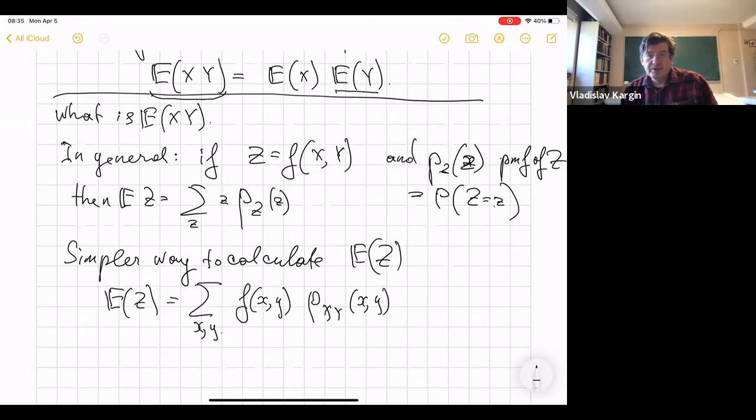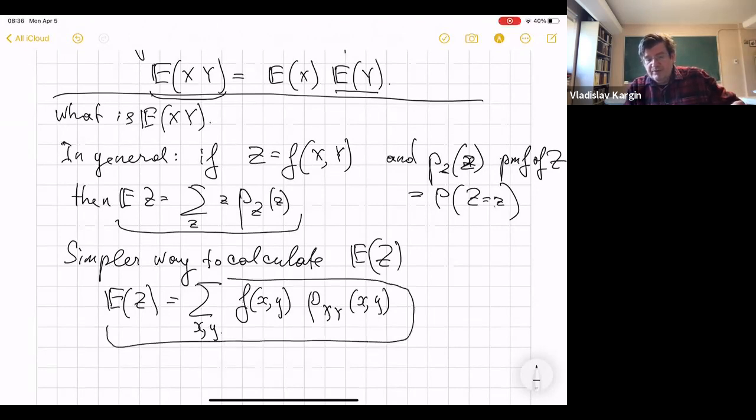In principle, this is a theorem that you can prove if you define the expectation in the normal way, so that it will be equal to this thing. It turns out that it is possible to prove it, similar to what we did before.